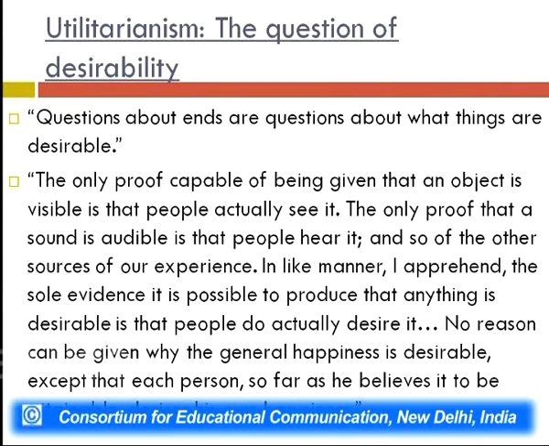But the question of desirability is a higher order question. Even if all of us desire something, it does not necessarily mean that it is desirable also. So these are two different kinds of questions. But according to Mill, the only way of answering it is in terms of description only.